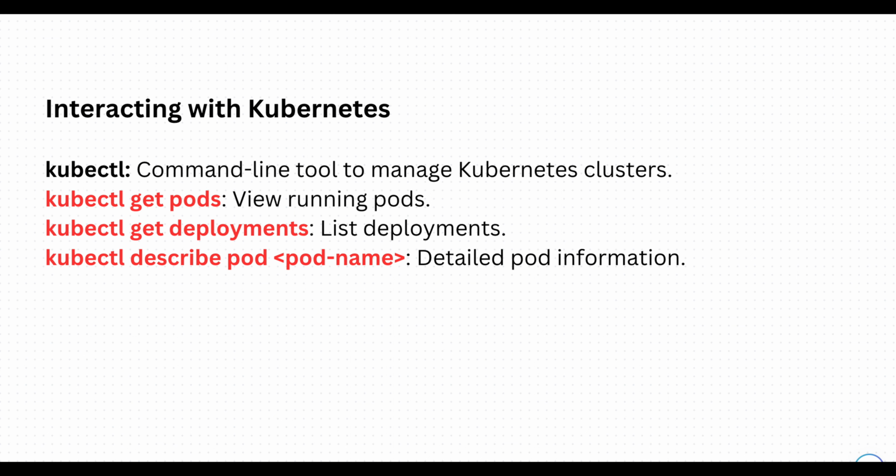Then you will simply go ahead and type kubectl get pods. Next, let's say you want to list all the deployments. Then you'll simply type kubectl get deployments. Next, let's say you want to explore detailed pod information. Then you just type in kubectl describe pod and specify the pod name.